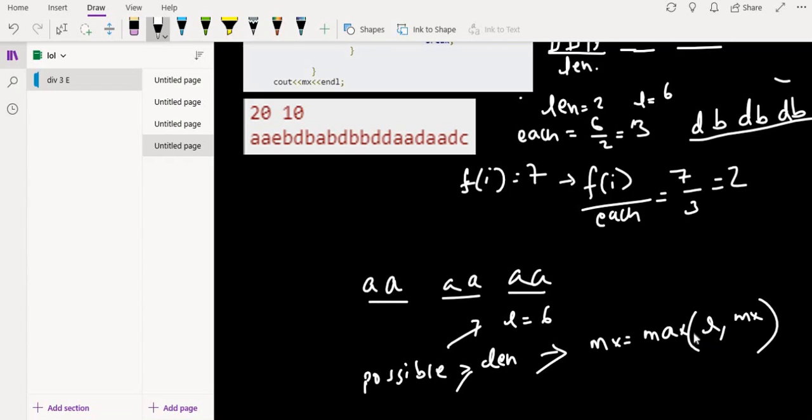In this way we can check for each of the factors of k and their multiples, and the multiples of each of the lengths, so that we can reach our global maximum.